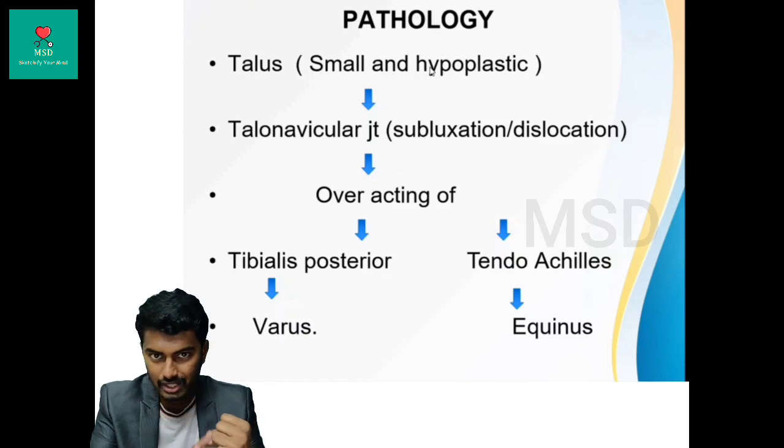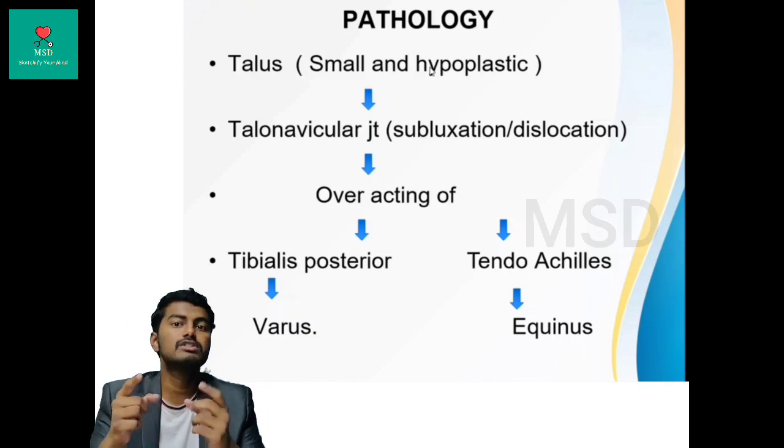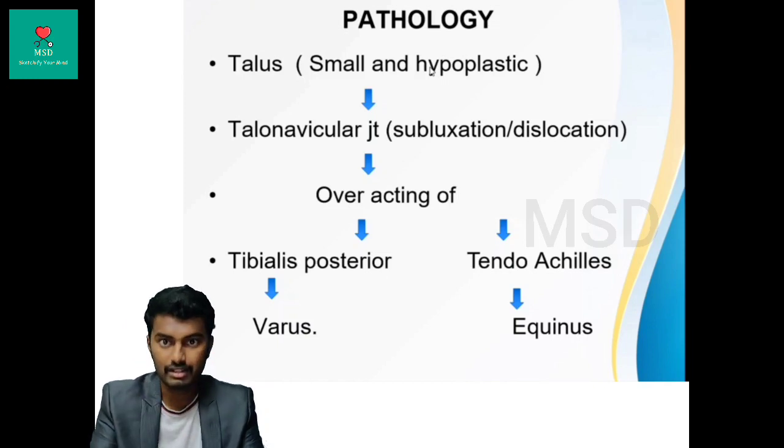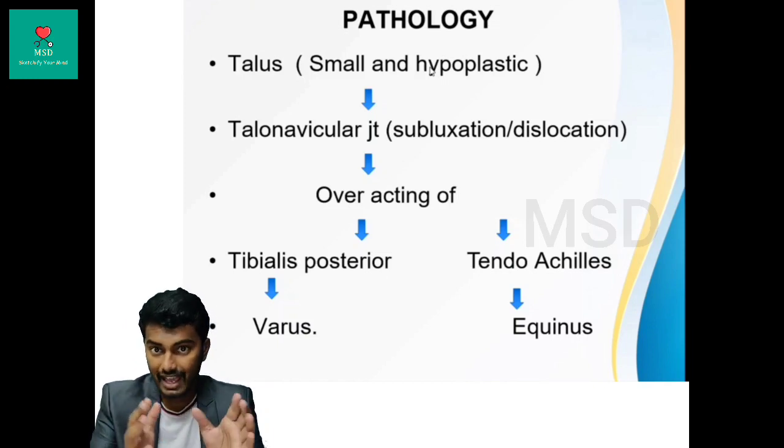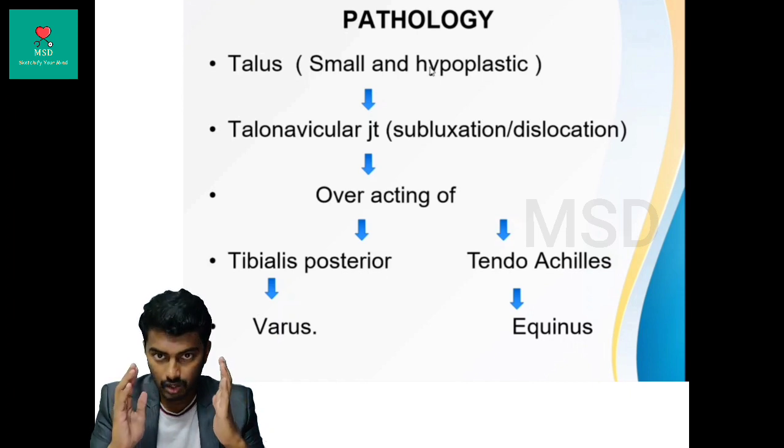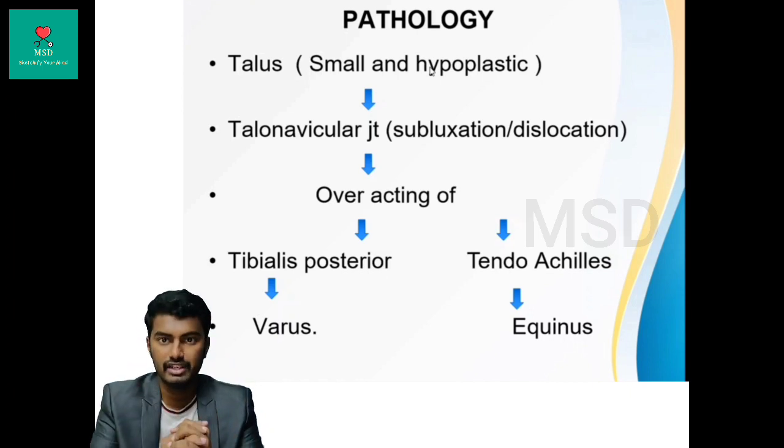Congenital means right from birth, talipes is a Latin word where tali means ankle and pes means foot. Then comes your equinus deformity, which is due to the overacting of the tendo Achilles, and the varus deformity, which is due to the overacting of your tibialis posterior.